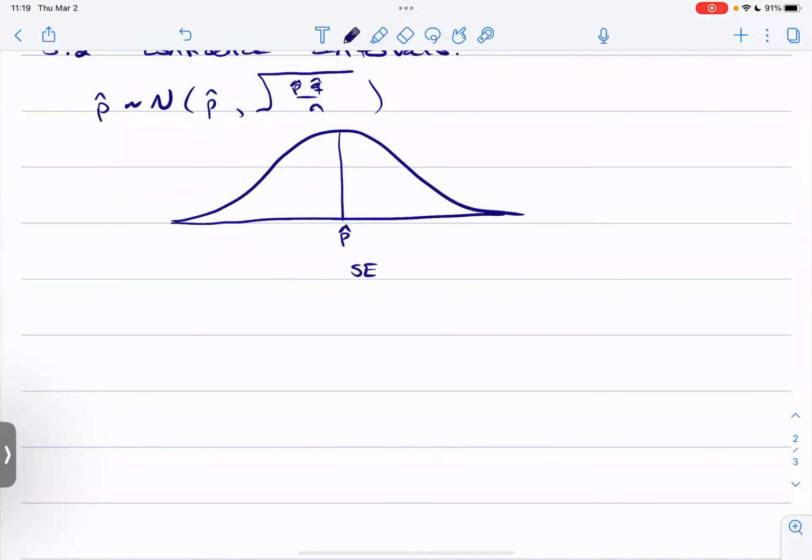And the standard error of p hat is the standard deviation of p hat. It's going to be the square root of p hat q hat over n. That doesn't look like a hat, it's too tiny. There. So that's what that's saying.